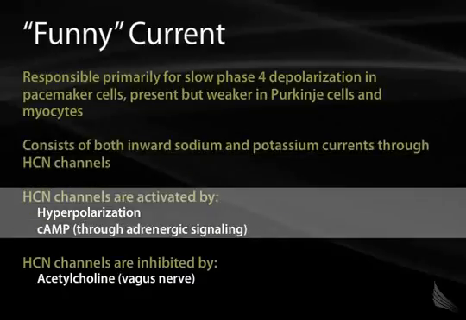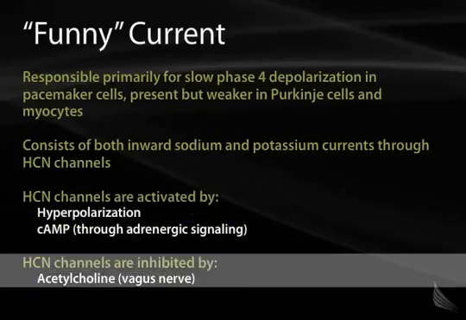HCN channels are activated by both hyperpolarization and by cyclic AMP, which is generated through adrenergic signaling through the sympathetic nervous system. HCN channels are inhibited by acetylcholine through the vagus nerve. Therefore, the funny current, the more upsloping it is, causes a faster heart rate, and this can be caused by adrenergic signaling or by hyperpolarization.